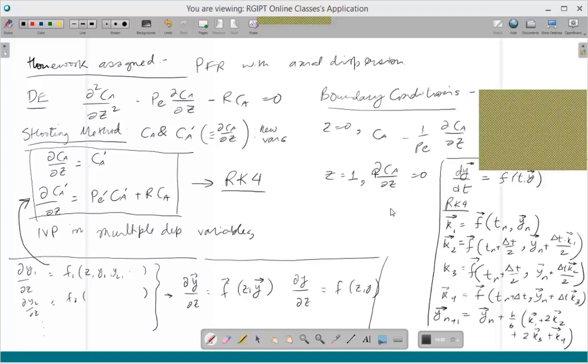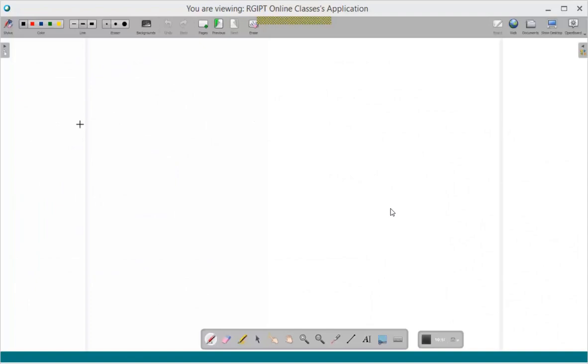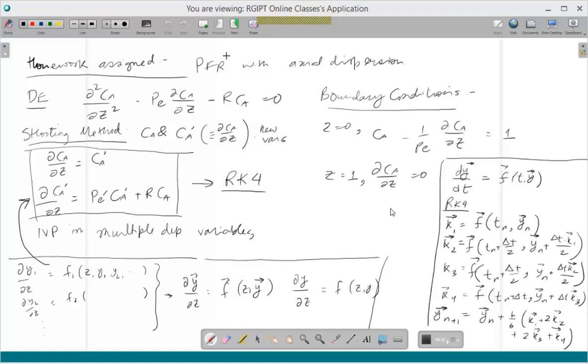Okay, maybe I can spend a little more time on this. If you look at the boundary condition here, at the left end, that is z equal to 0, this equation has to be satisfied. Now I do not have either CA or del CA by del Z specified at the left end.